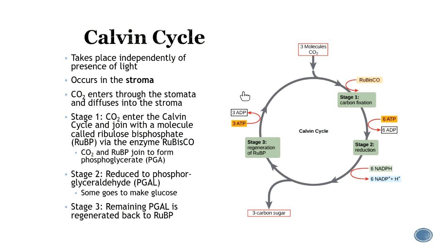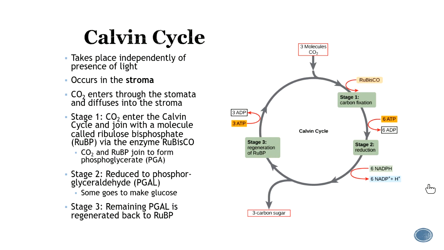So I know that sounds really confusing. Just remember how we had some carbons that permanently stayed in the cycle, in the TCA cycle. Same thing for the Calvin cycle. What's happening is carbon dioxide is joining in with another molecule, RUBP. It's going to go through a stage of fixation.